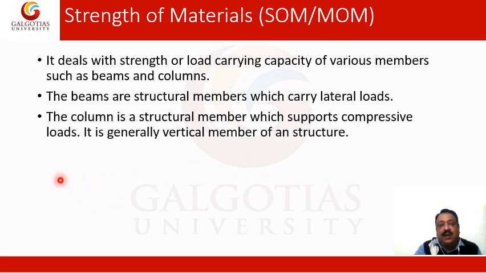So along the longitudinal axis you will have a beam, and then it will carry the lateral loads. While a column, on the other hand, is a structural member which you might have seen in many buildings, is generally vertical, and it carries the compressive load. It carries the compressive load, and mostly it is vertical in any structure.